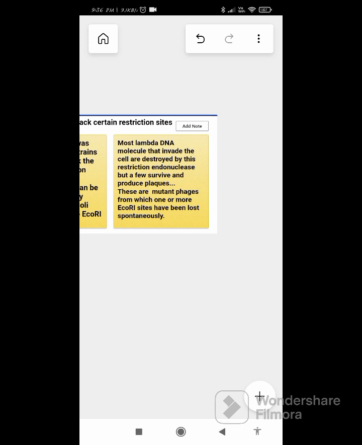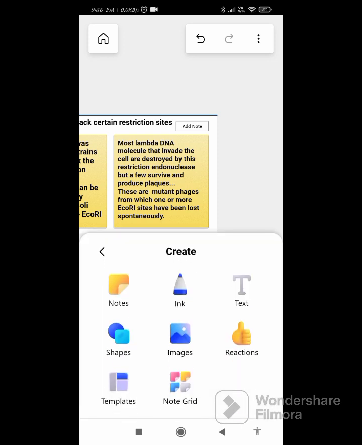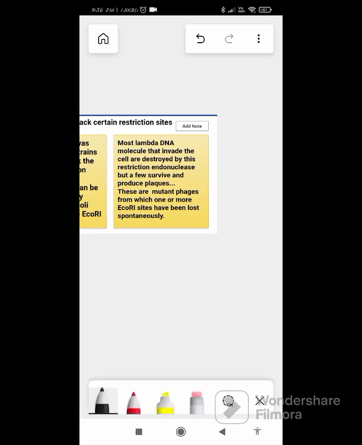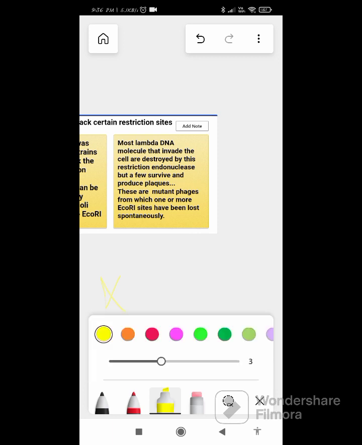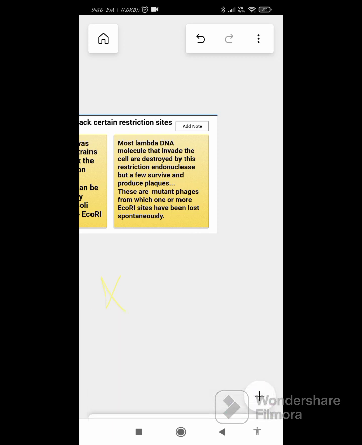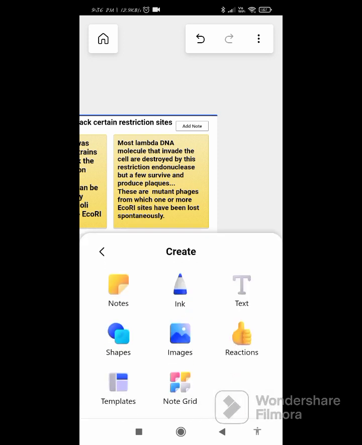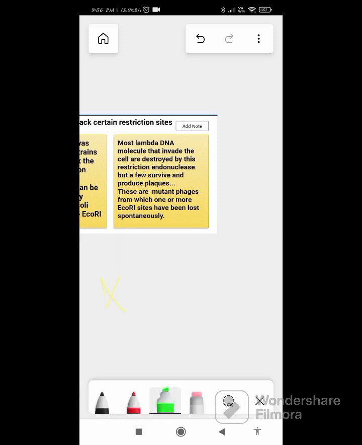X-gal is 5-bromo-4-chloro-3-indolyl beta-D-galactoside. When the gene codes for beta galactosidase, it breaks down the X-gal to produce plaques which are blue in color.